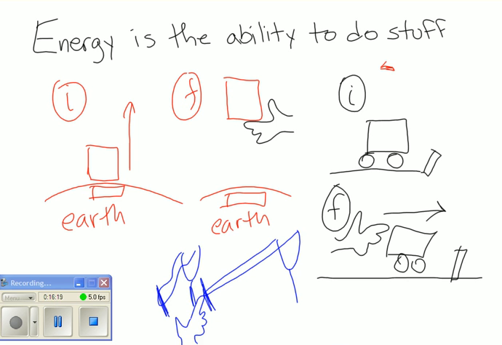So even before we were able to put numbers on any of these things, we were able to see different kinds of interaction giving the system more ability to do stuff. And the first pattern we saw, an increase in energy.